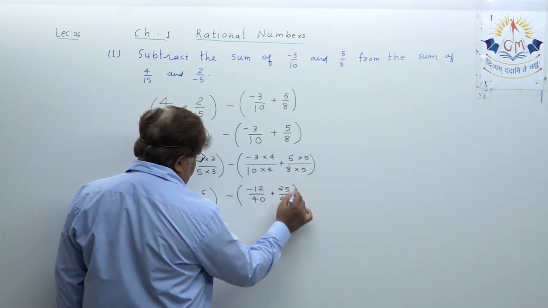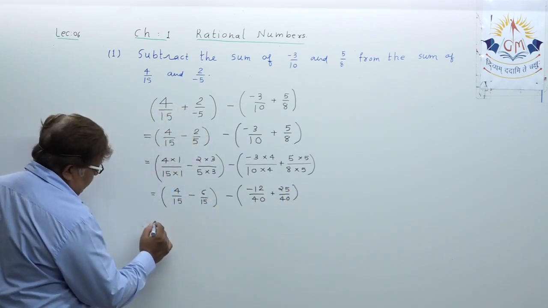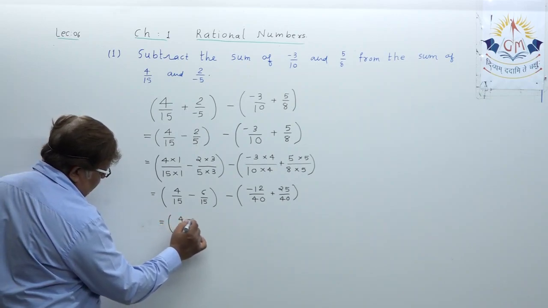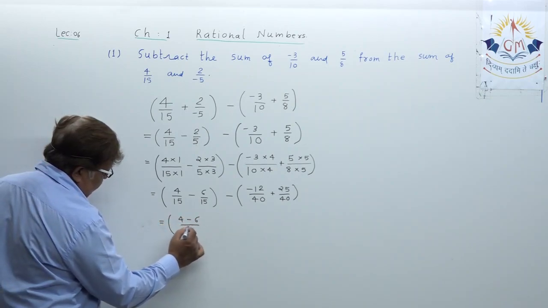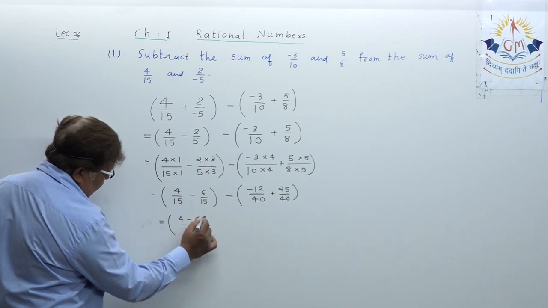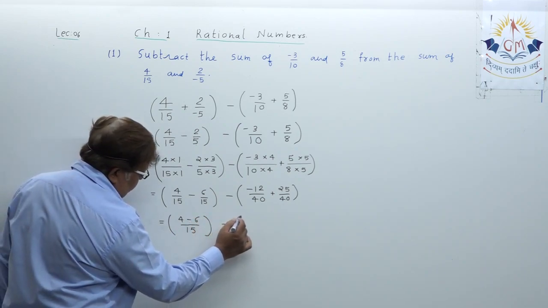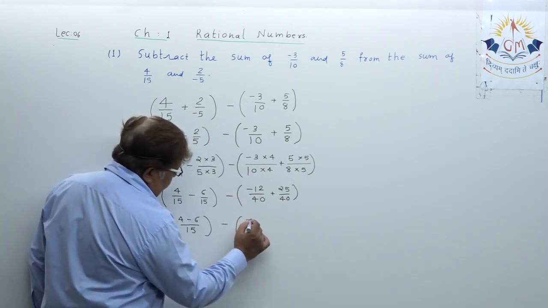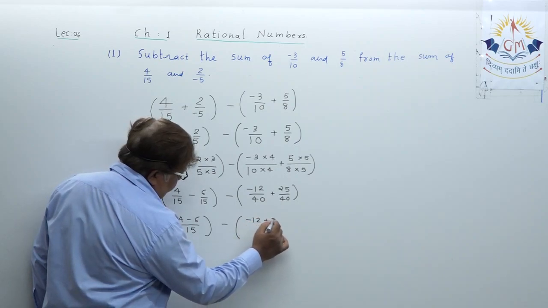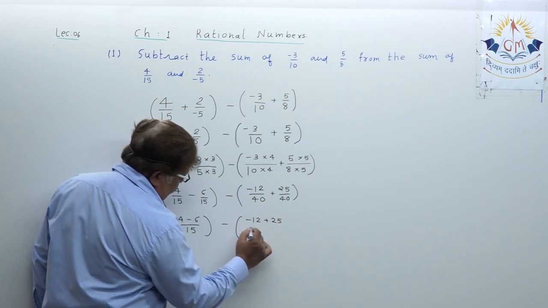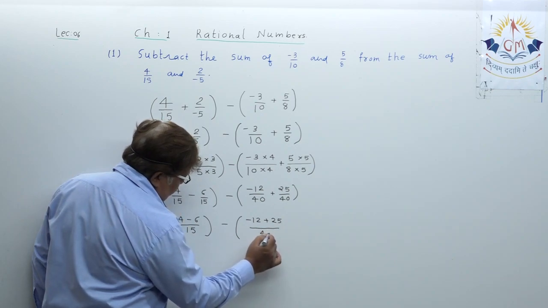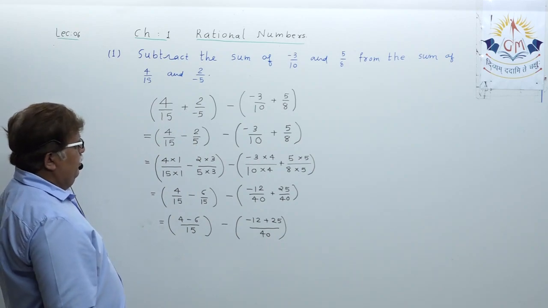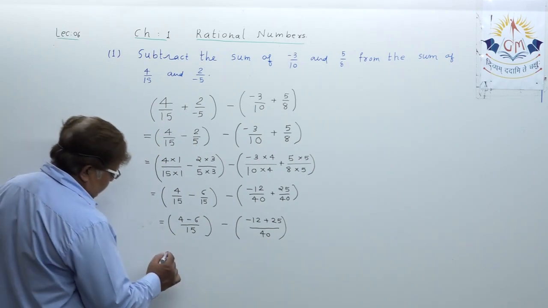Now it is common LCM: 4 minus 6 upon 15, minus 12 plus 25 upon 40. Concentrate on each and every step.